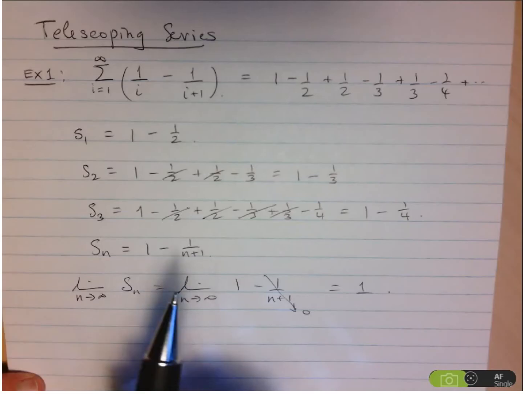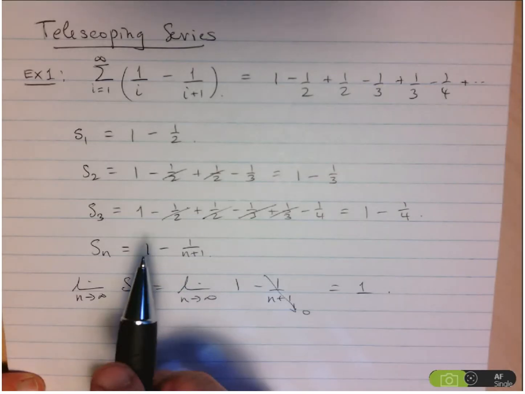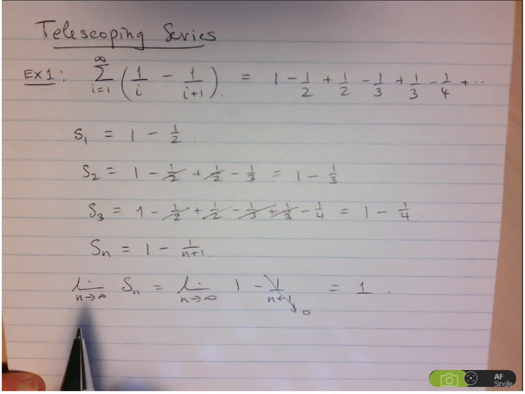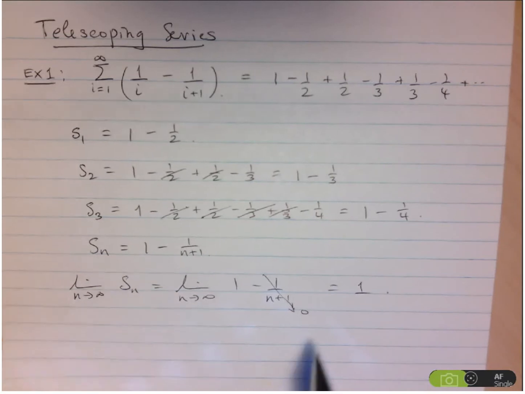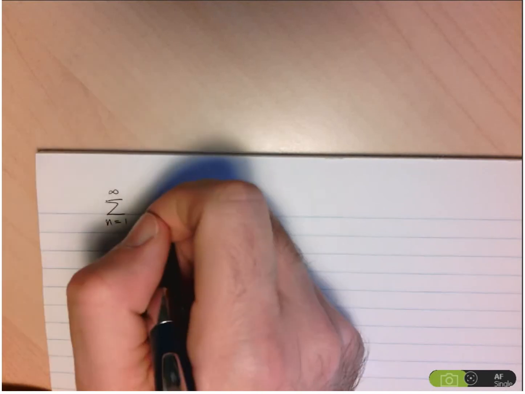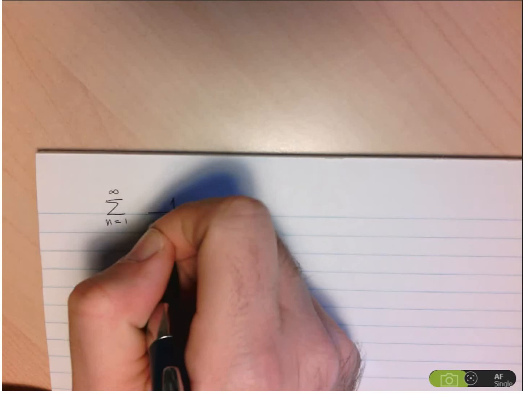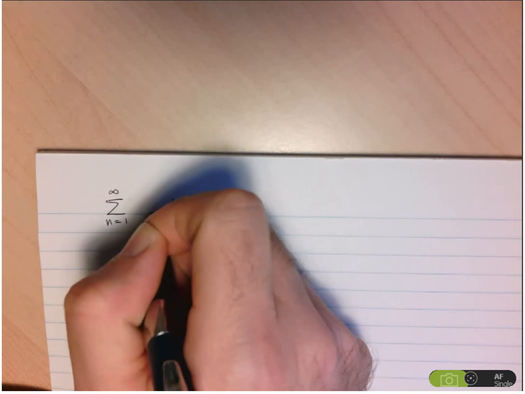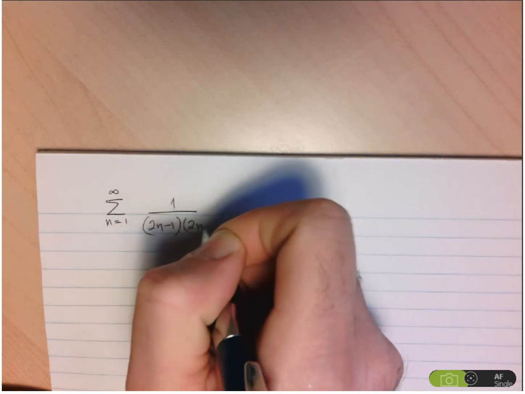Now we'll take a look at another way in which these types of examples can be given. I'll go to a second sheet here, and we're going to take a look at this example. We'll take the sum, and just to change things up, I'll use n this time. n equals 1 to infinity of 1 over 2n minus 1 times 2n plus 1.